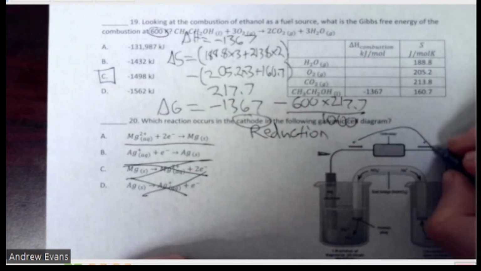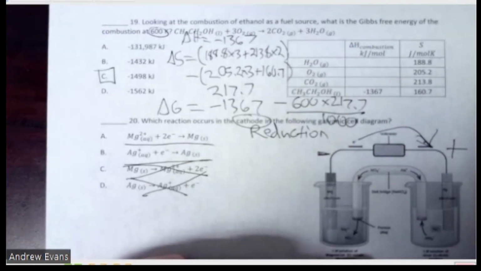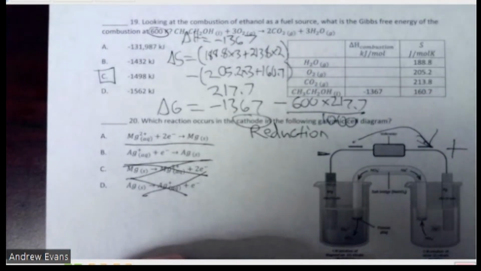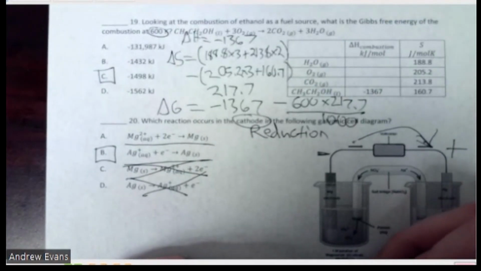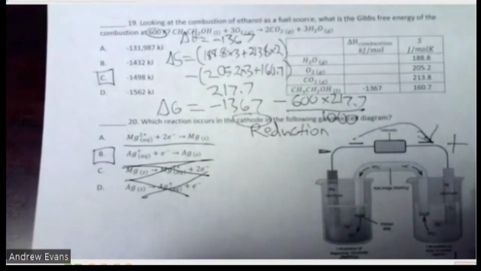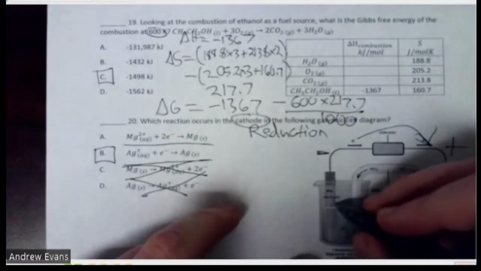Electrons are going towards the cathode. So what element's on the right? Silver. Usually we write oxidation on the left, reduction on the right. Anode, cathode.